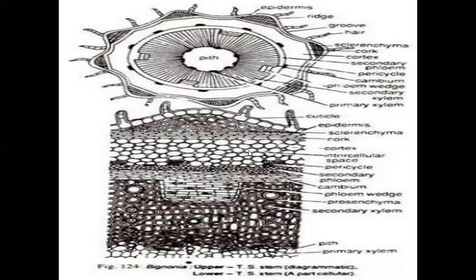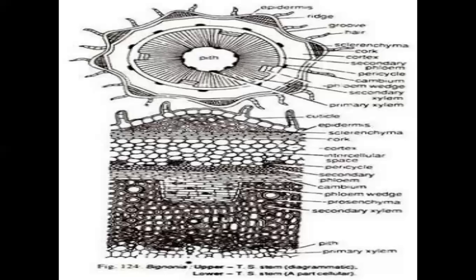Below the inner cortex, the vascular bundle region, the stele region, is present. The stele is surrounded by pericycle and endodermis. These layers are completely merged with the cortical cells, so we cannot identify them clearly.